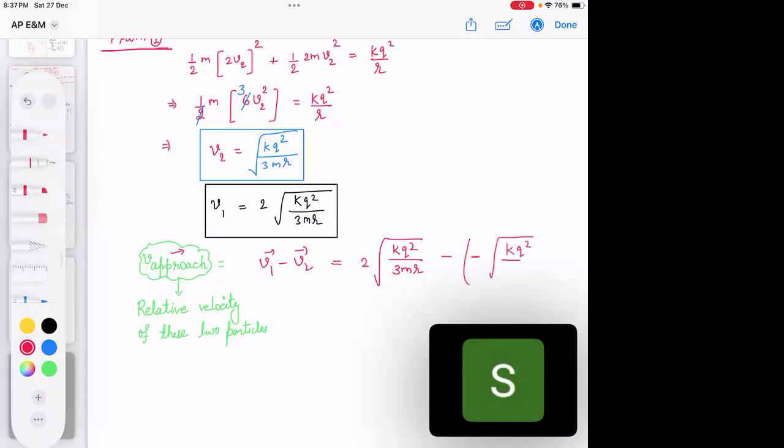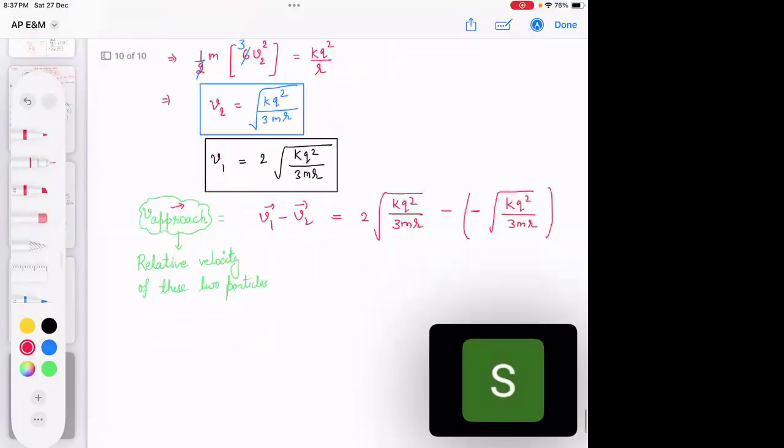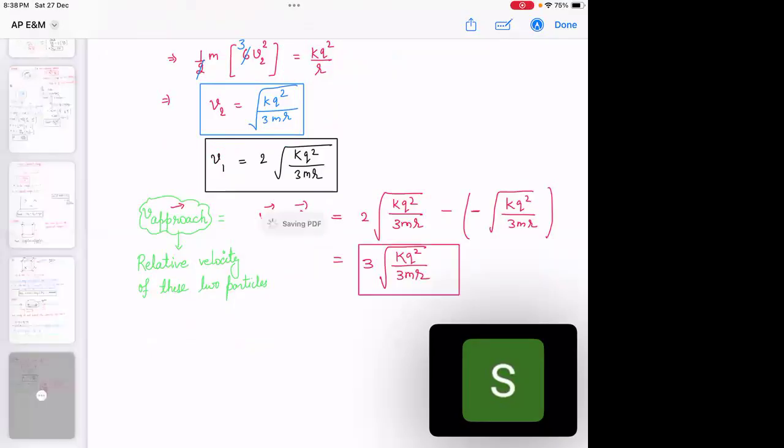Square root of kq square by 3mr. Then what are we going to get as our answer? 3 times the square root of kq square by 3mr. That is our velocity of approach in the question. Understood? Please make sure you understand everything about this question. Energy conservation. How do we relate the potential energy of the charged particle system?